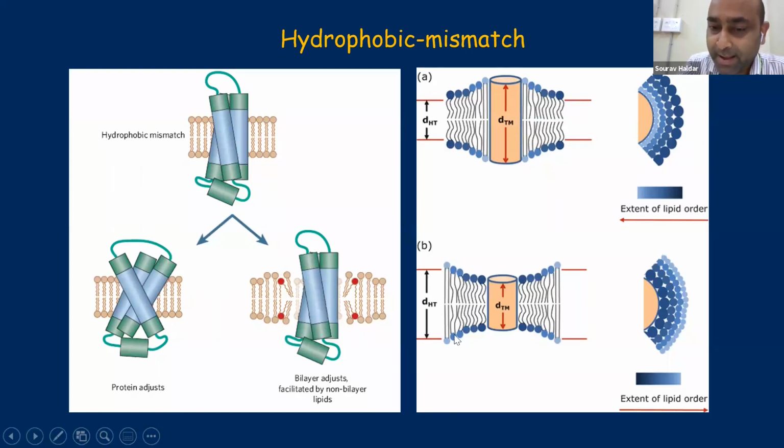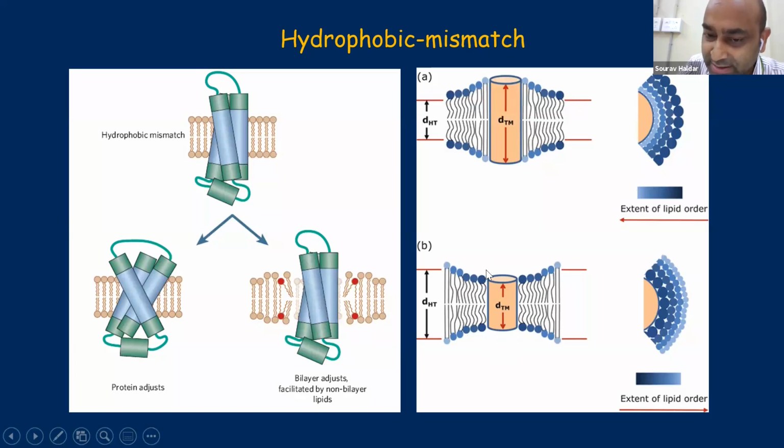For example, if the transmembrane domain is actually shorter than the hydrophobic thickness of the lipid molecule, the lipids that are in the immediate vicinity of the transmembrane domain, maybe those annular lipids, will have to adjust themselves so that they are in close contact with the transmembrane domain.